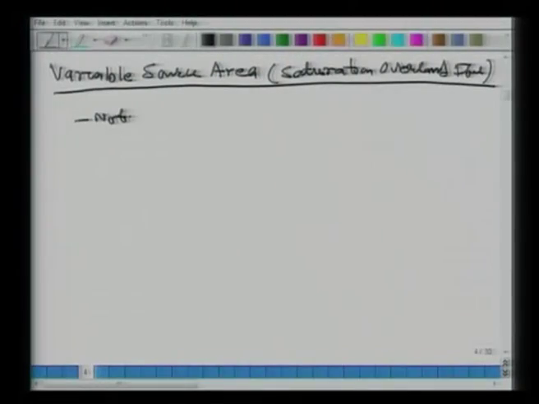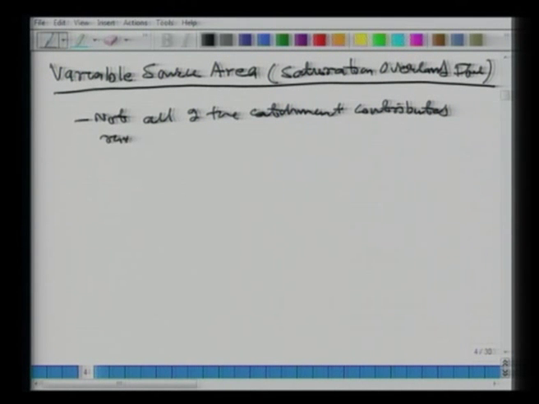So this is basically what we say: not all of the watershed or catchment contributes runoff at the outlet initially.